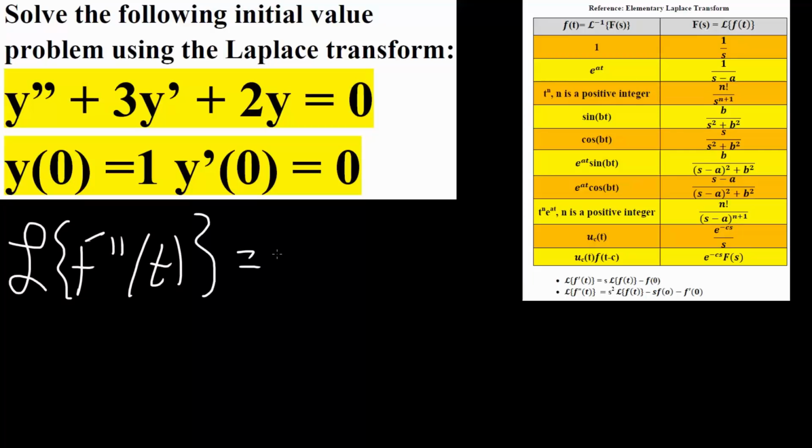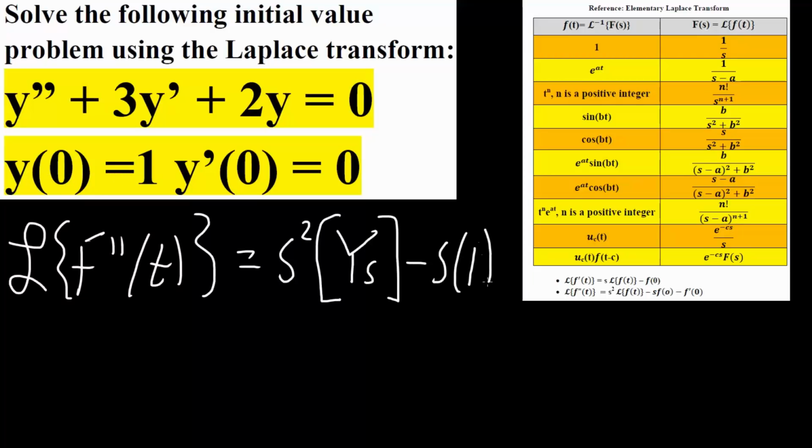So instead of saying that, we can say s squared bracket Y(s) minus s times f(0). So y(0) is equal to 1, so we just put in 1 right here. Minus f prime(0). So y prime(0) is 0, so minus 0 like this. And so this is one of them.